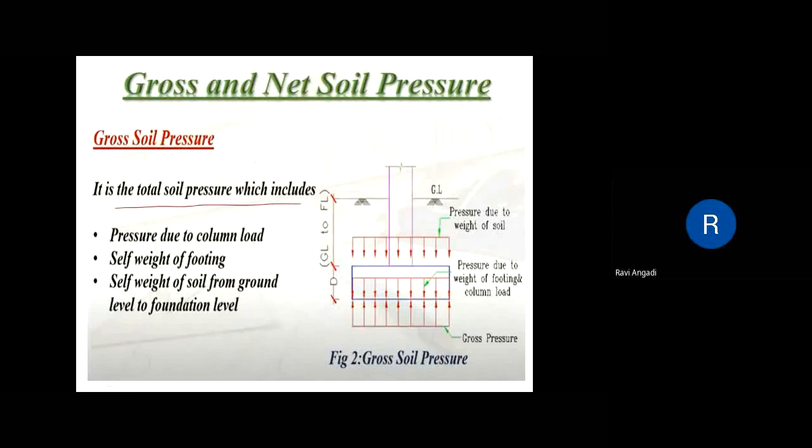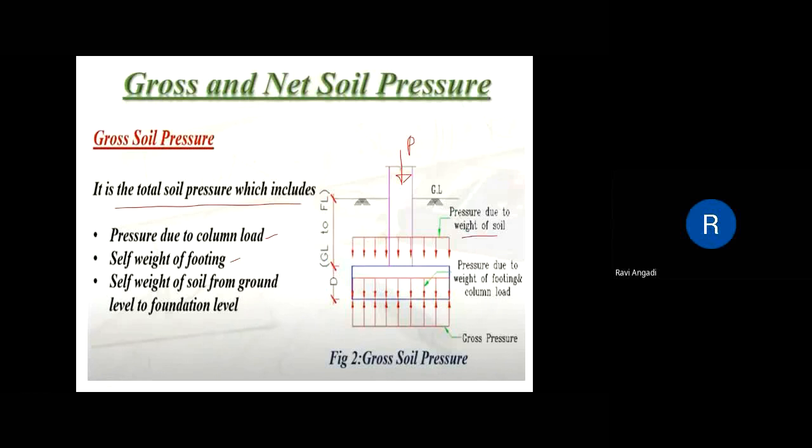It is the total soil pressure which includes the pressure due to the column load, whatever load is coming on the column, P; the self weight of the footing, meaning the dead weight of the footing; and the self weight of the soil from the ground level to the foundation level, whatever soil you have filled. The pressure due to the weight of the soil is marked here.